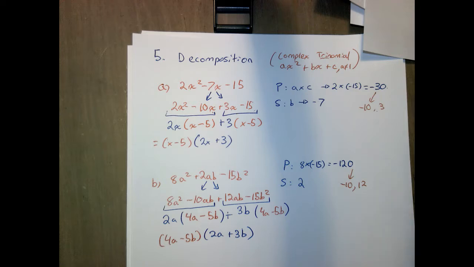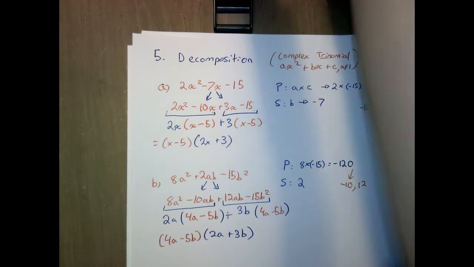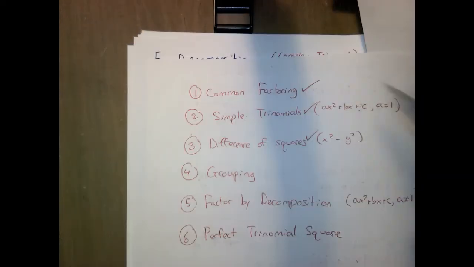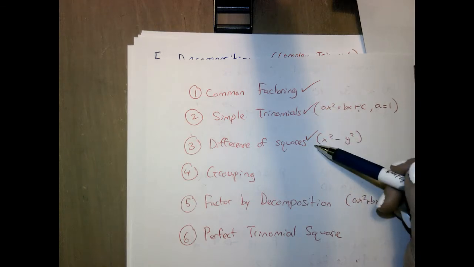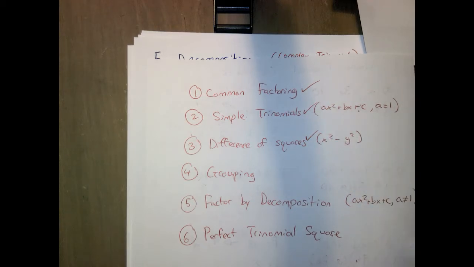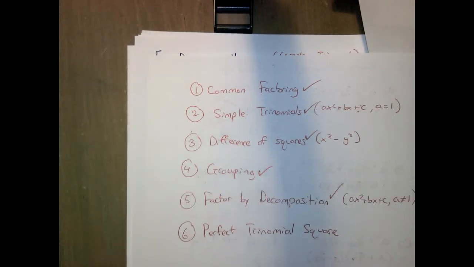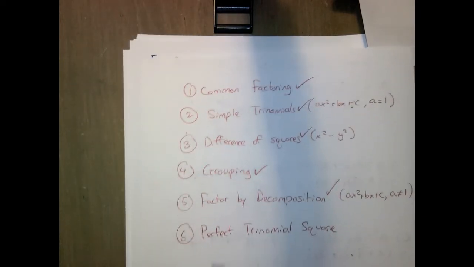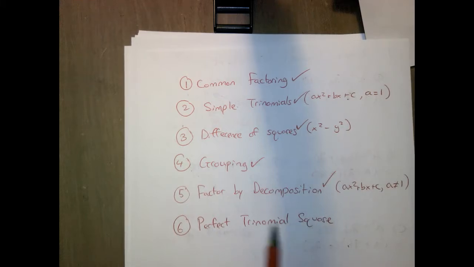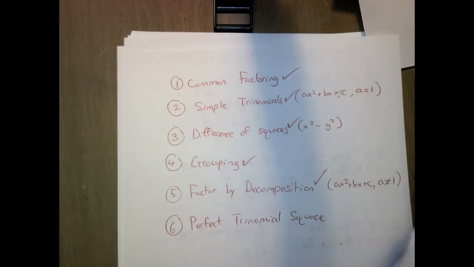So, what have we gone through so far? We've talked about common factoring, check, simple trinomials, check, difference of squares, check, and we just did grouping and factoring by decomposition.